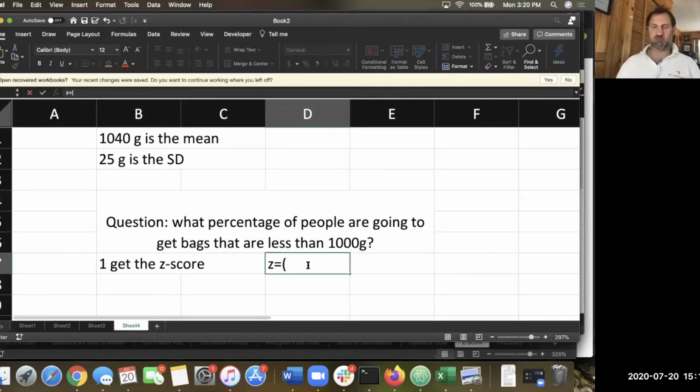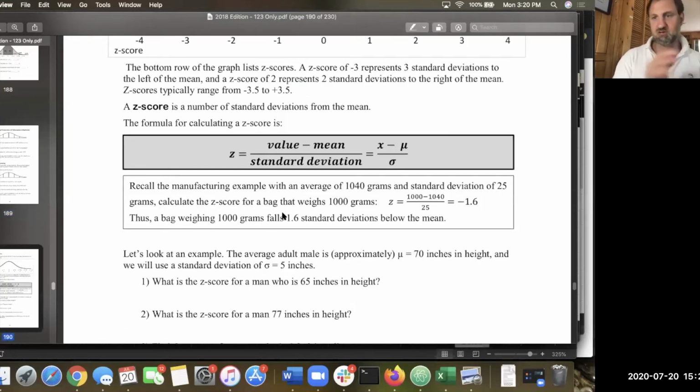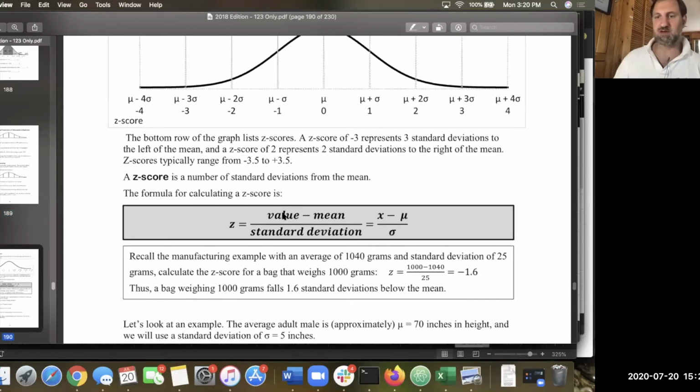Of course, in your book, the formula is actually given to you with words. You take the value, you subtract the mean, and you divide by the standard deviation. What I would say is, generally, it's easy to pick out the mean and the standard deviation because those numbers will be next to words like average and standard deviation. And so you'd be able to say, oh, this is the average, this is standard deviation. So those are the two numbers that I would go for first.